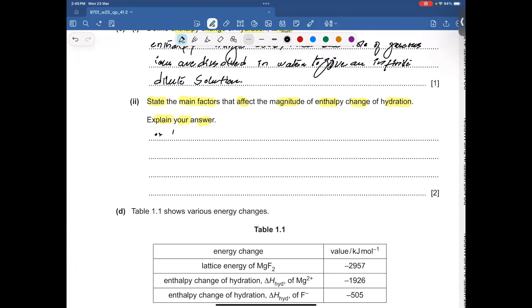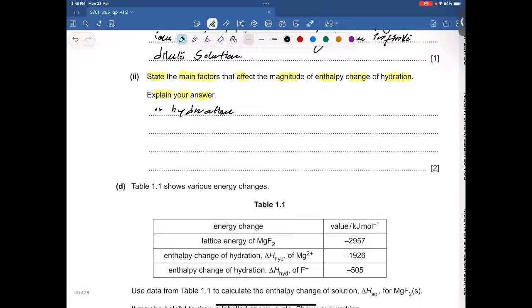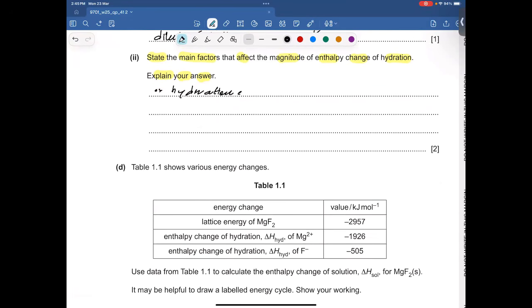So hydration enthalpy depends on the charge of the ion and the size of the ion.